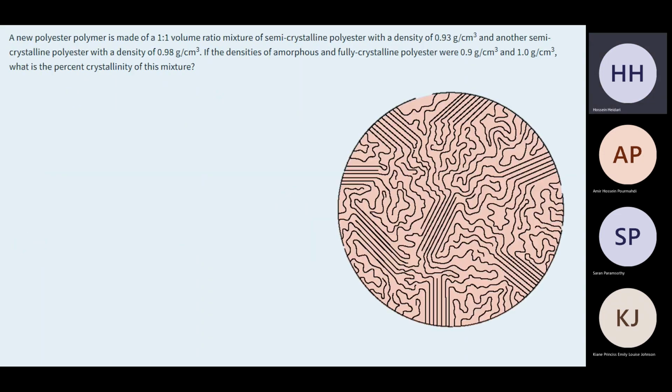So the next question is asking you about crystallinity, another important characteristic of polymers. We ideally want them to all be nice and crystalline, but although that makes them stronger, it also makes them brittle, as with any crystalline material.